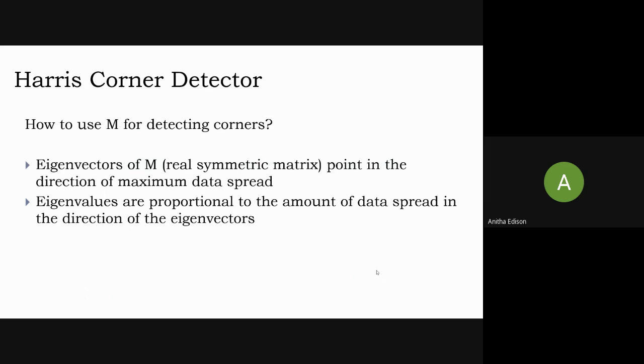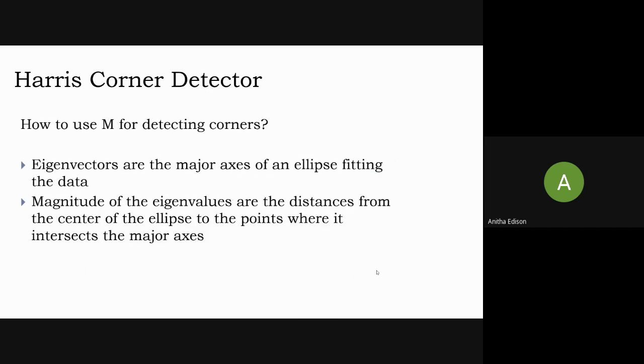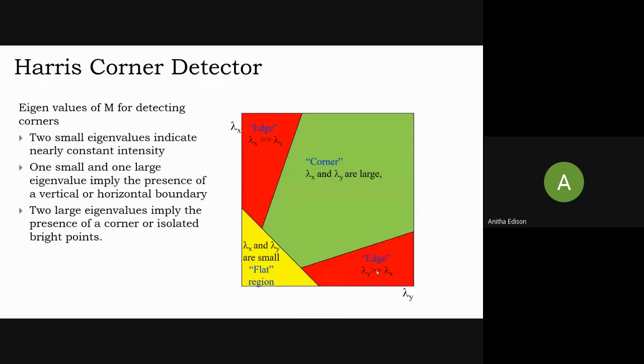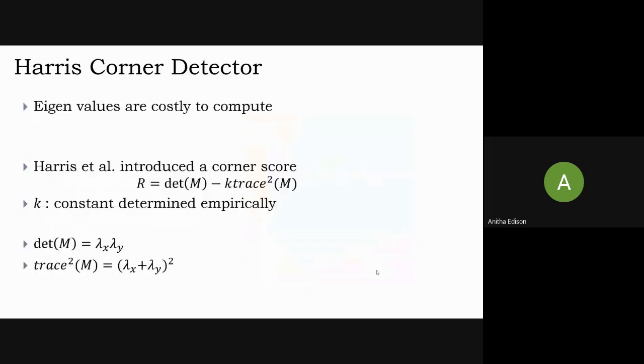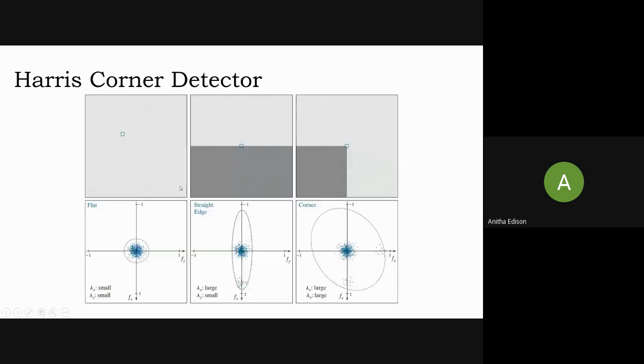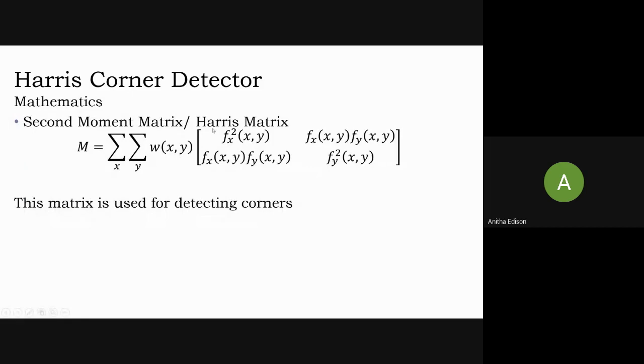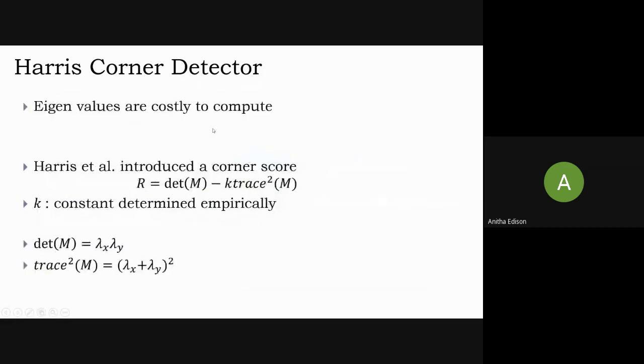But computing eigenvalues is computationally expensive. So if you want to do a real-time computation, instead of eigenvalues, I can use another score. It was introduced by Harris. It is the determinant of this particular matrix minus k times the trace squared of this matrix.